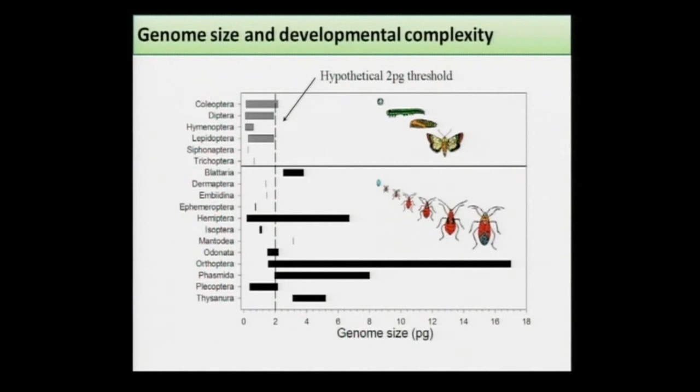In this group, which is the best studied, we can't really find many genome sizes larger than about 2 billion base pairs. In this group, where there's no metamorphosis, you can find some genomes that are 3 or 4 times larger than yours. So it looks again like there's a bit of a constraint on genome size based on development.